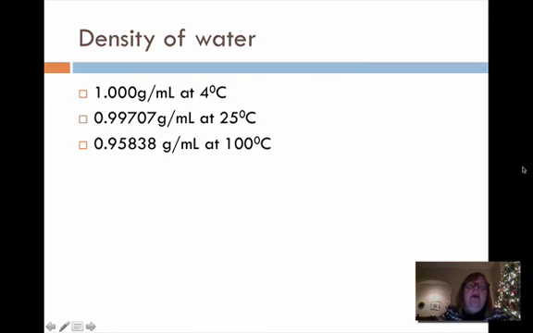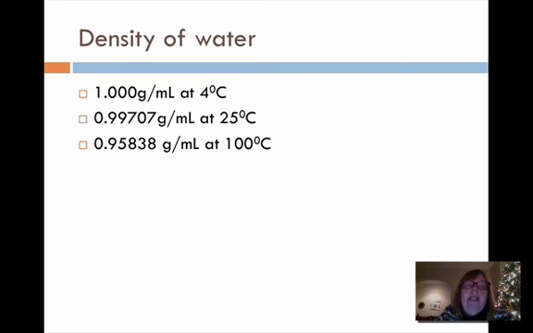Now, sometimes in problems, people think, wait, they're giving me a temperature. Am I supposed to use that number? And you're not, in a density calculation. But that temperature is making your density complete, because densities change with temperature. Like we said earlier in the video, typically the volume expands as your temperature goes up, which would make the density go down. So this is just data for water.